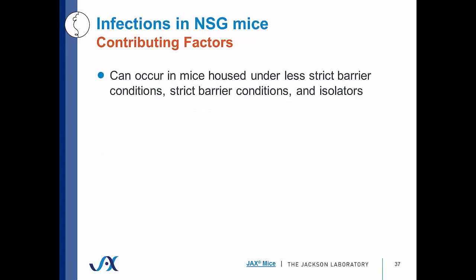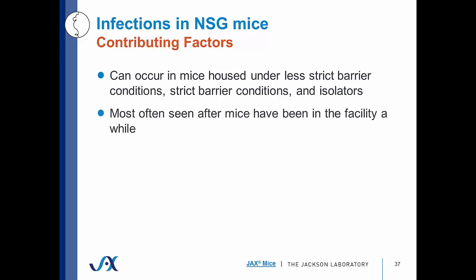Oftentimes people will ask, well, when do NSG mice become infected? So they can become infected when housed under less strict barrier conditions, as well as strict barriers, and even in isolators. So it really just depends on the level of decontamination and how clean all of those barriers are kept.